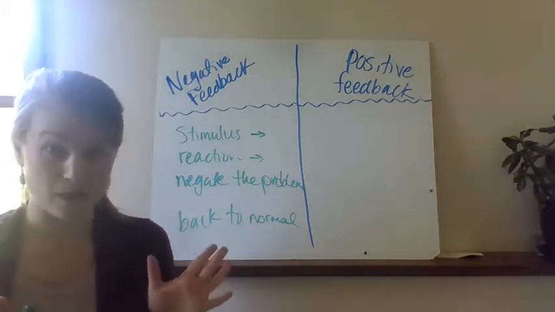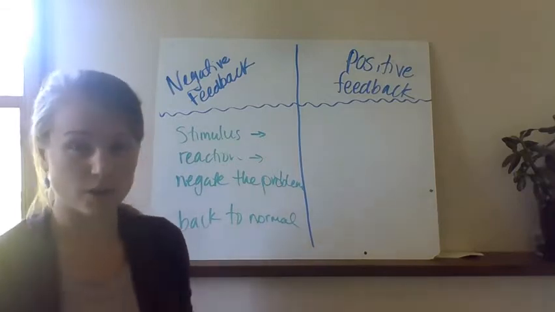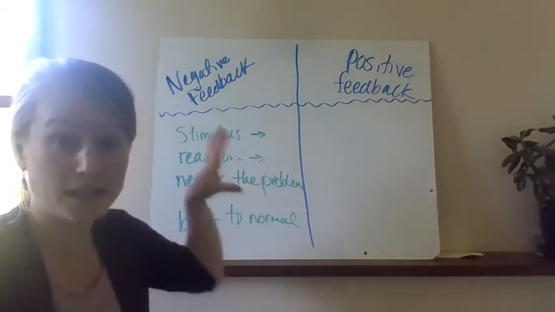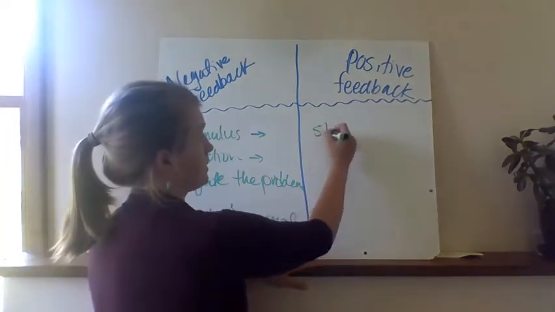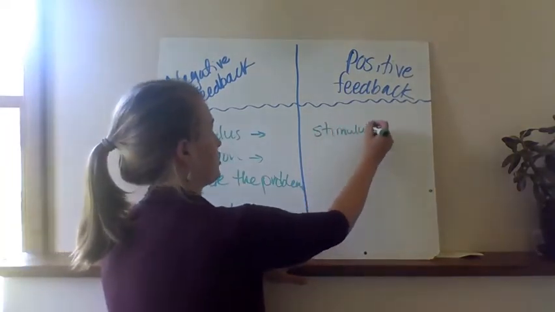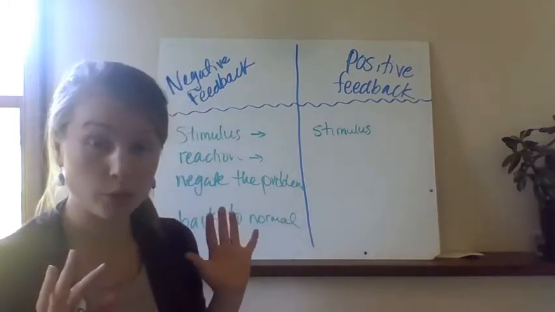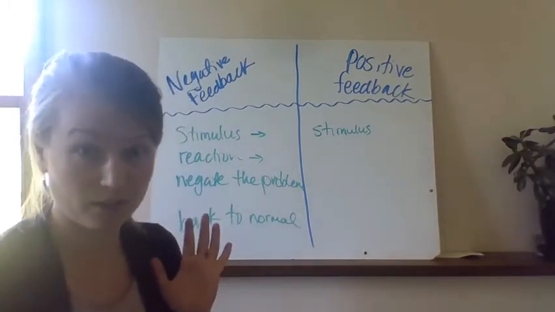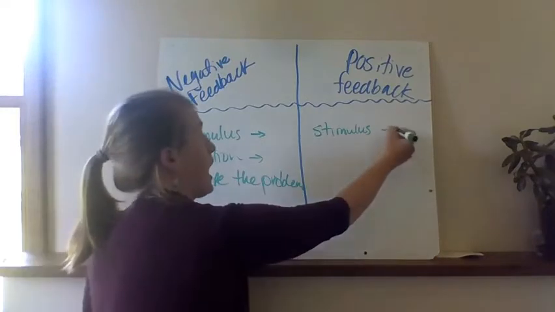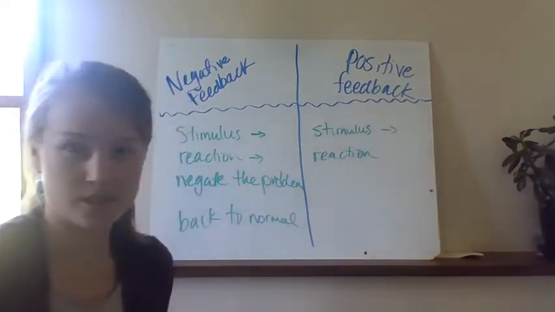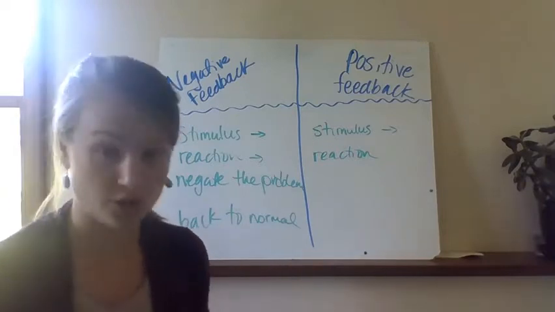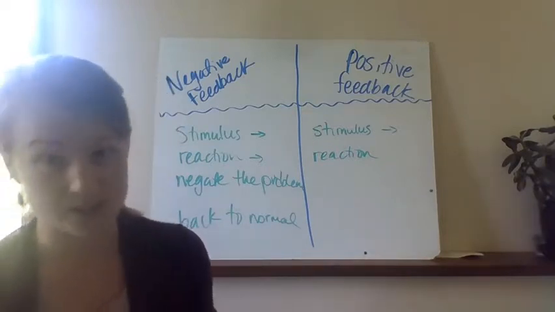A positive feedback loop, like we just saw in If You Give a Moose a Muffin, is basically the opposite of this. So there's a stimulus. In this example, the moose was given a muffin. So that was the stimulus. Then there's a reaction. And the reaction is that the moose asks for more and the boy gives it to him. And then the moose asks for something else and he gives it to him.